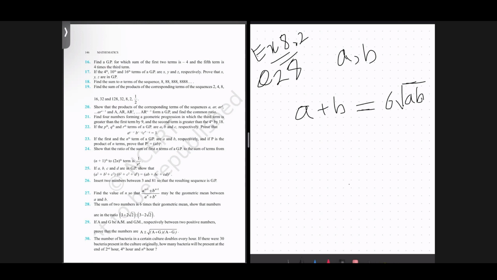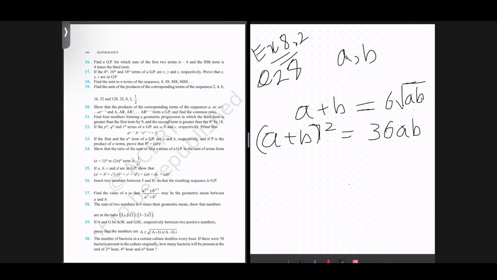So from this equation, we know that a plus b equals 6 root ab, correct? Now, when this is equal to this, you can say that a plus b whole square is equal to 36ab, correct?